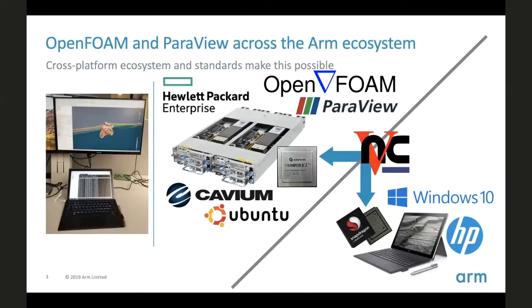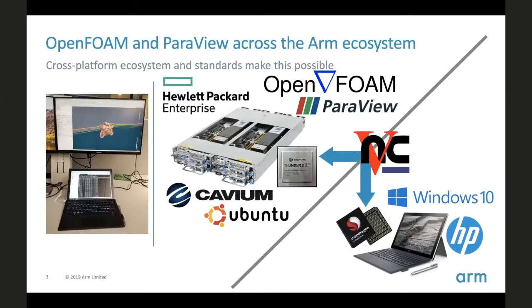What's new is that ARM is now gaining significant traction in the server space, and we're starting to see that rich ARM software ecosystem coming back to ARM servers. For example, I took OpenFOAM and ran it on a cluster of ThunderX2 servers provided by HPE, and then sent the results of that simulation over VNC to a Windows-based tablet computer, which was also running an ARM-based CPU, a Snapdragon CPU.